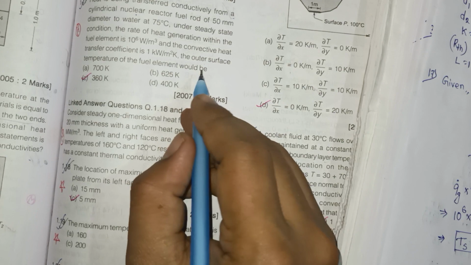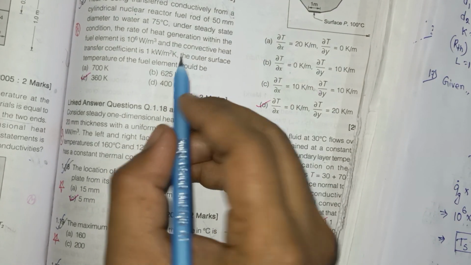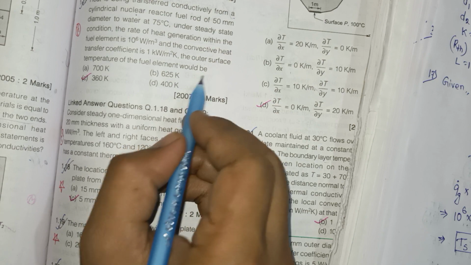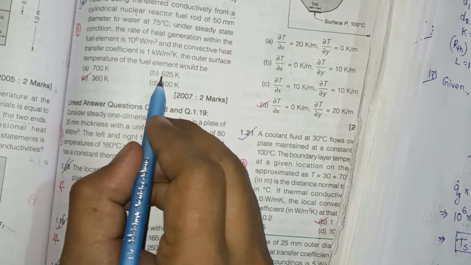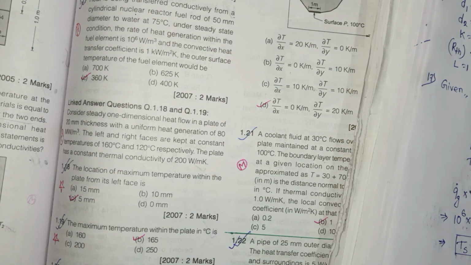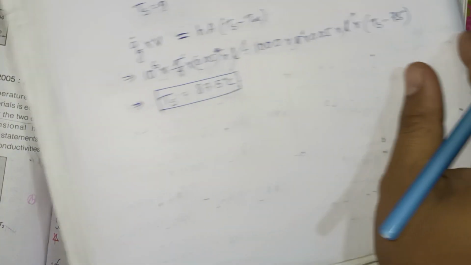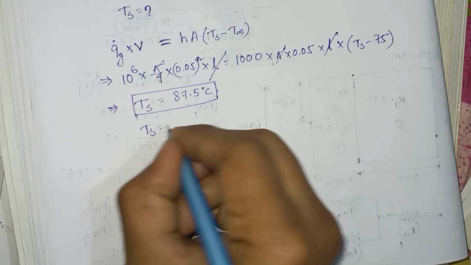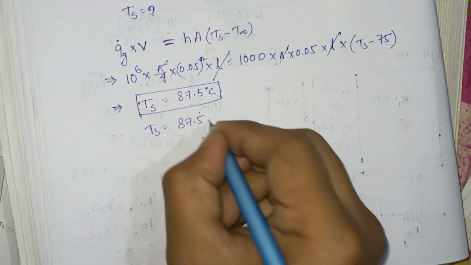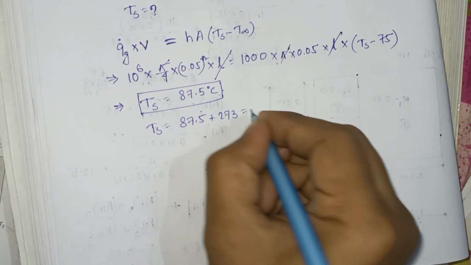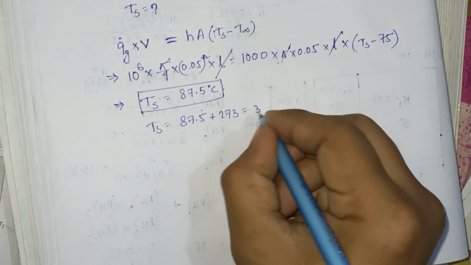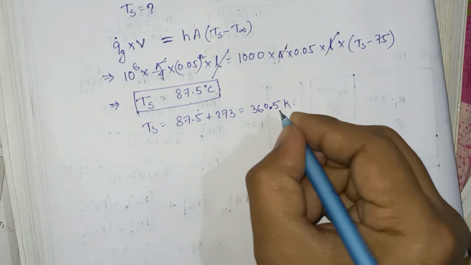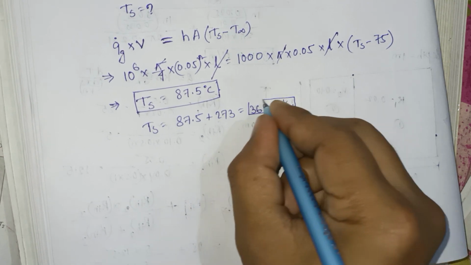So for question number 17, what they asked is the outer surface temperature of the fuel element. Here the options are given in Kelvin, and we got 87.5 degrees Celsius, so to convert to Kelvin, Ts is equal to 87.5 plus 273, that is 360.5 Kelvin.